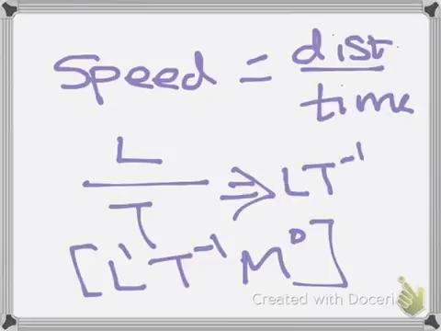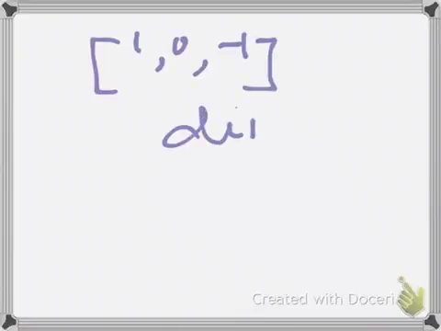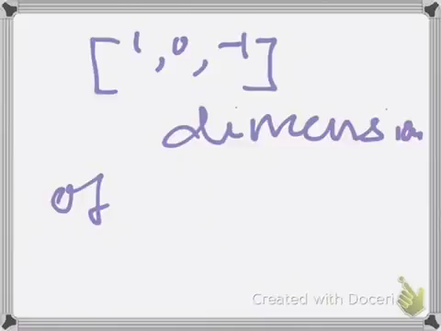This is the dimensional formula. So this is the dimensional equation, and the powers which they are raised to, 1, 0, and minus 1, are called the dimensions of speed. Alright.